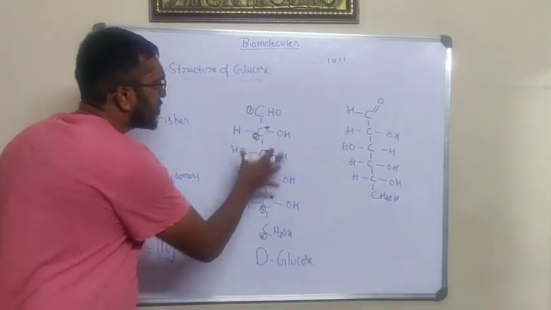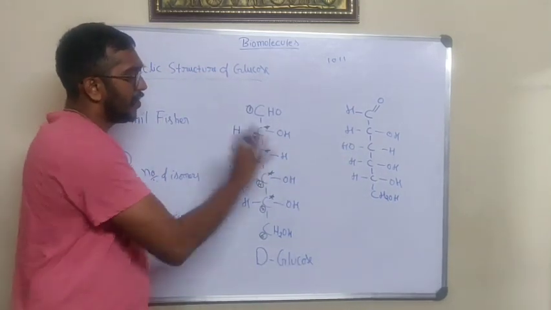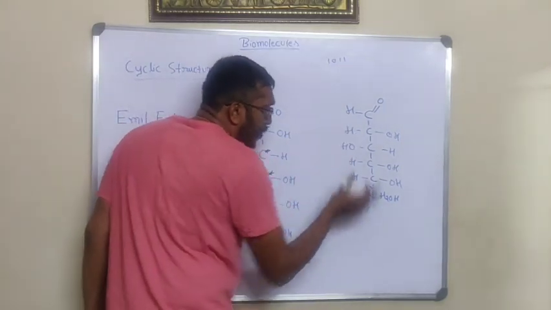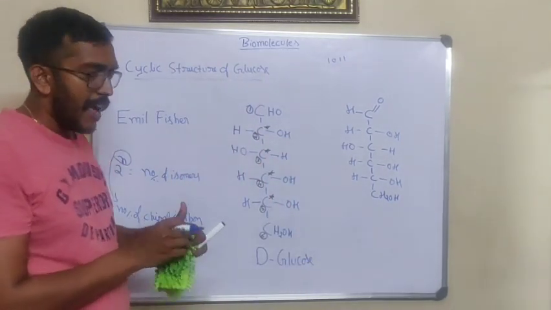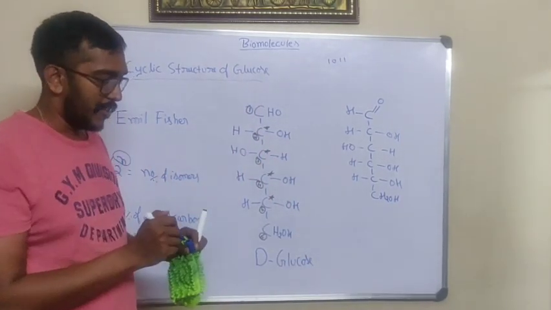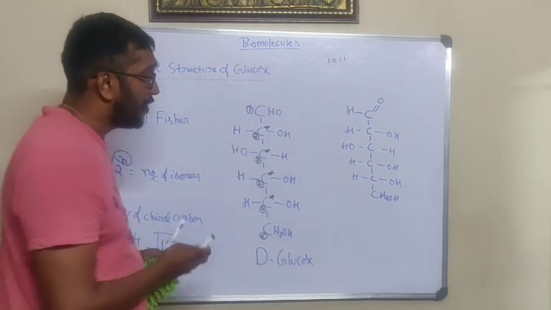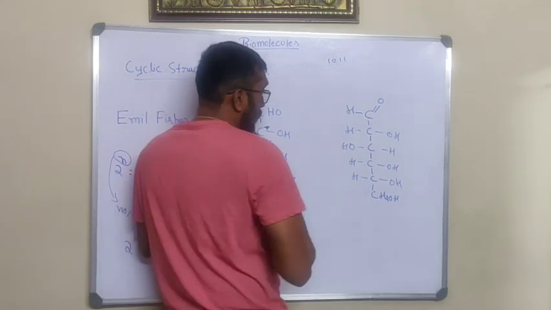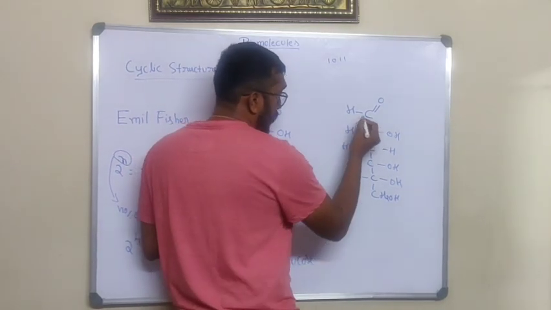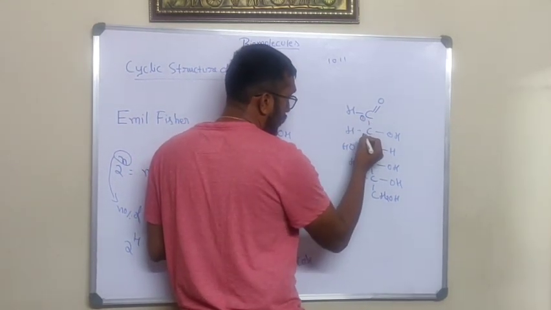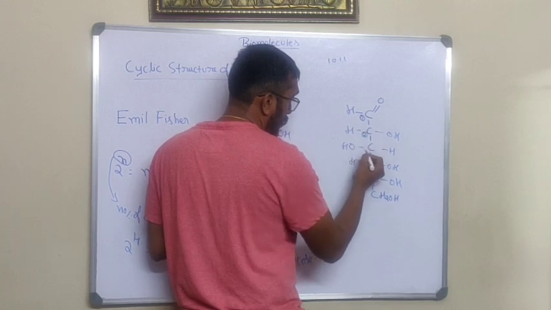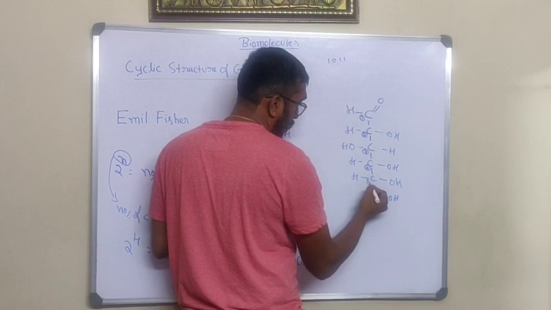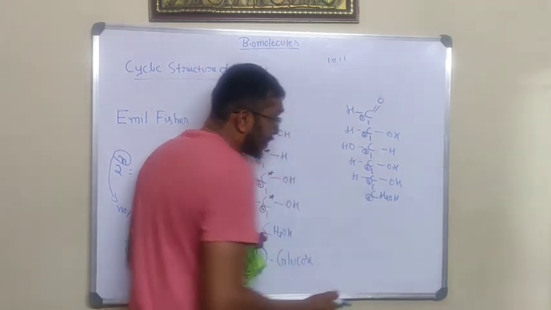The same structure I have written here: D-glucose. Now I am going to write the cyclic structure. As we know, oxygen is an electronegative element. So here I am going to write the numbers. The aldehyde group will be given the first preference: 1, 2, 3, 4, 5, 6.